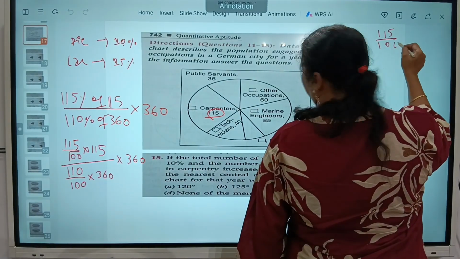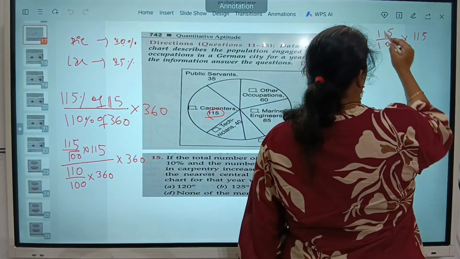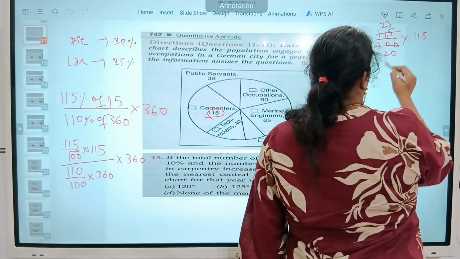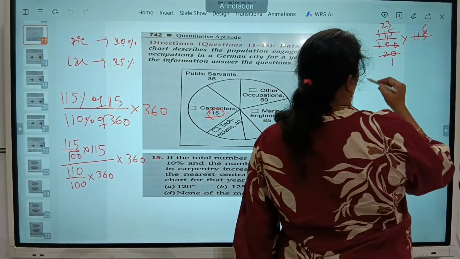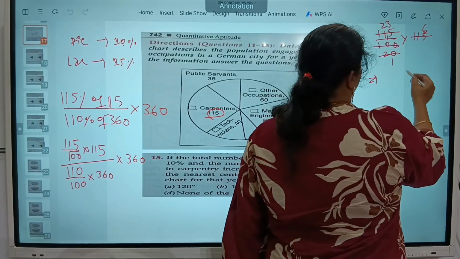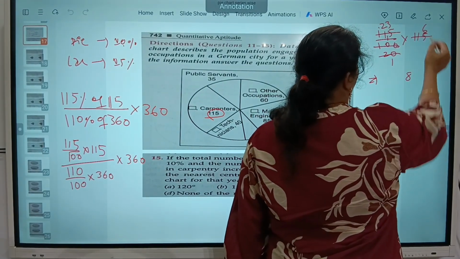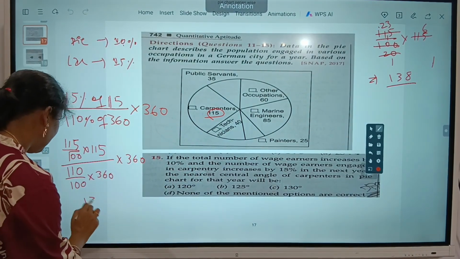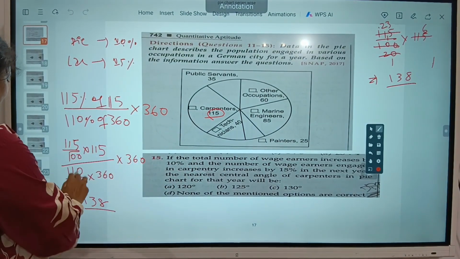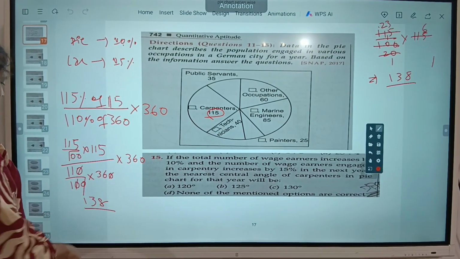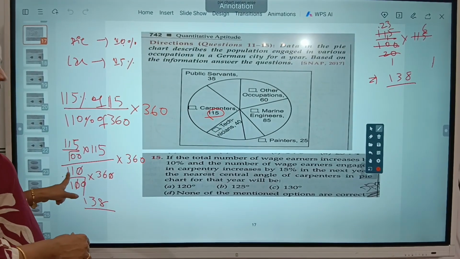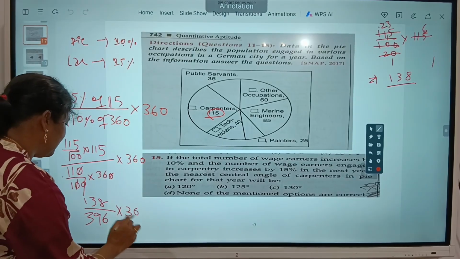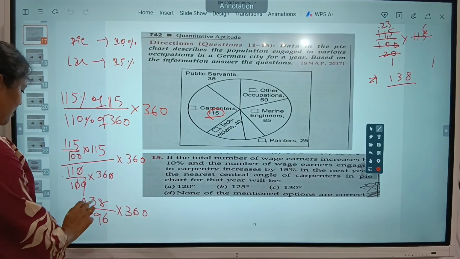115 by 100 into 115. So the numerator is 138 by the denominator, 0 0 cancel here. So 360 plus 36, 396 into 360. This we have to calculate.